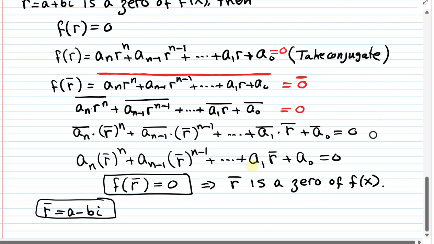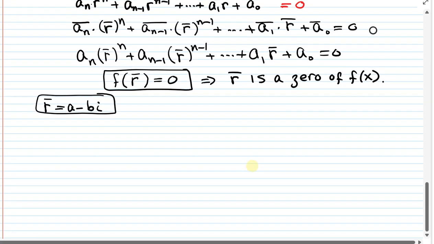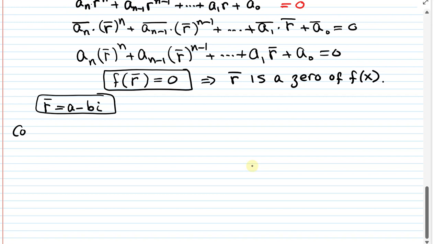Now that we have this, before we look at examples, we're just going to look at a real quick corollary to this theorem. A corollary is a direct result of a theorem. So we're going to look at the corollary to what we just observed here. Remember, complex 0s occur in pairs if the polynomial has real coefficients. So here's what the corollary says.